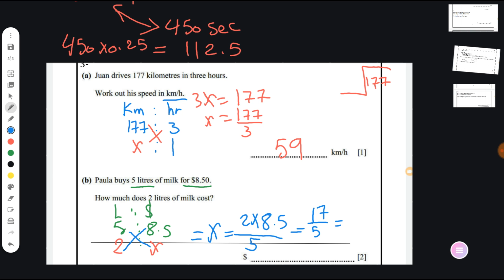You can use your calculator actually, and it will be 3.4. Okay. Next, from paper 2.